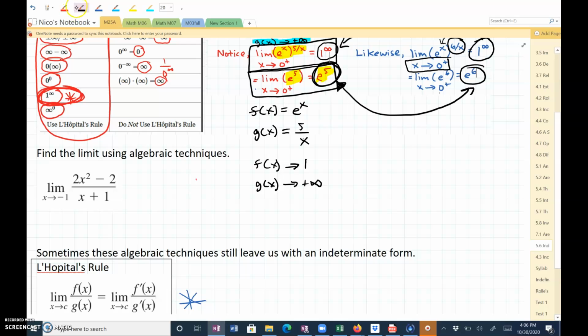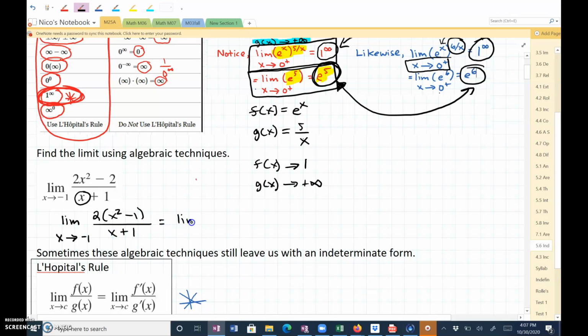So let's look at this first example here. This would be indeterminate, right? In the past we used these algebraic techniques. So we took the limit as x approaches -1. We can't plug in -1 because that would be undefined. I could factor out a 2 giving me x squared minus 1.